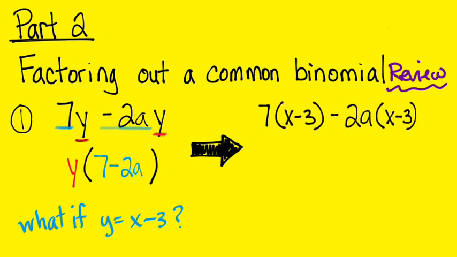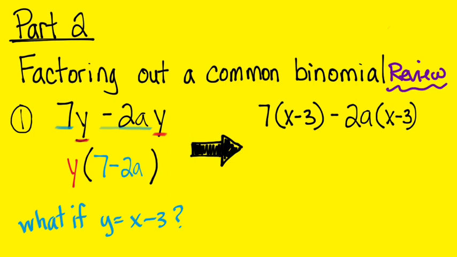It would be 7, and instead of y, it would be x minus 3, minus 2a times x minus 3, right? It's the same thing, but instead of y, y is now represented by x minus 3.